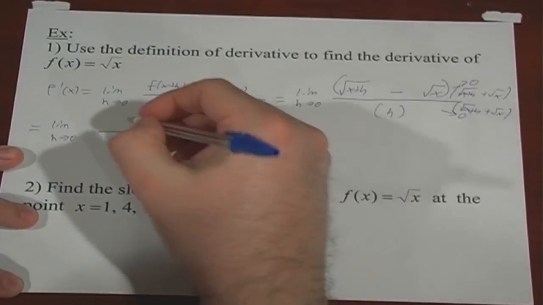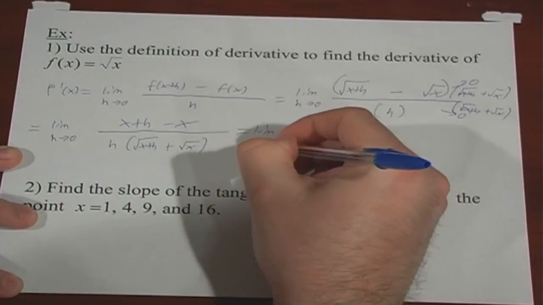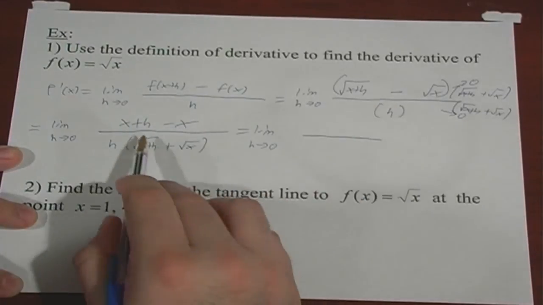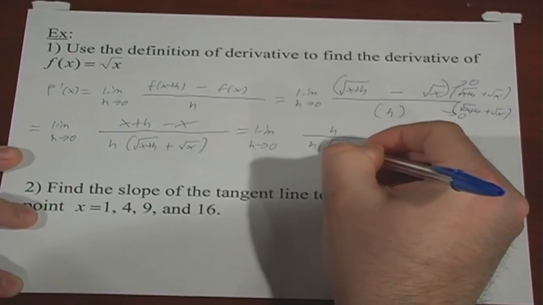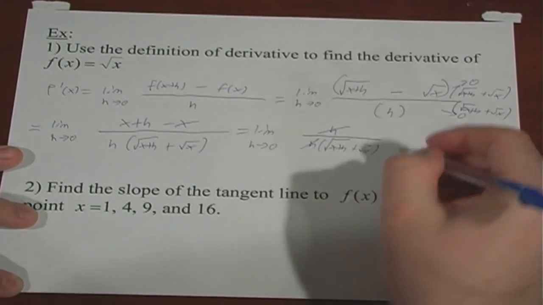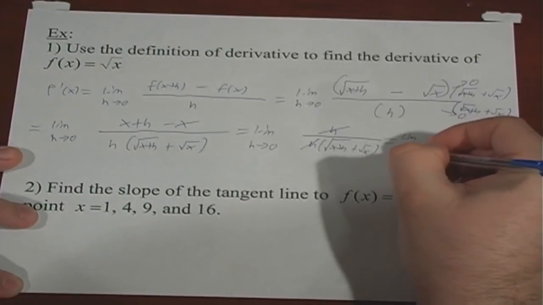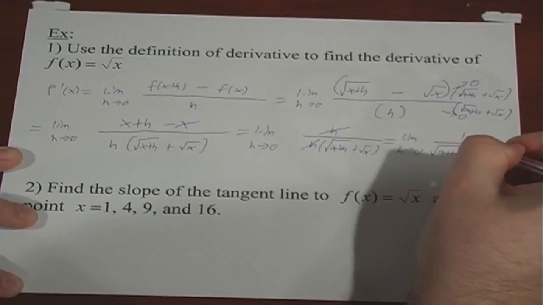Okay, when you multiply out the top, you get x plus h minus x. So what's the numerator? The x's cancel, you just get h. The bottom is h times square root of x plus h plus square root of x. Now the h's cancel, and you get the limit as h goes to 0 of 1 over square root of x plus h plus square root of x.